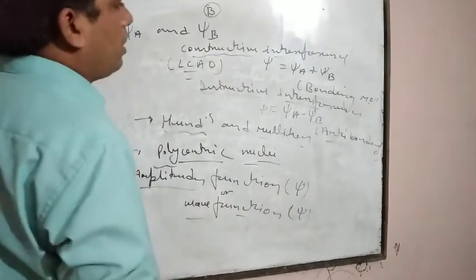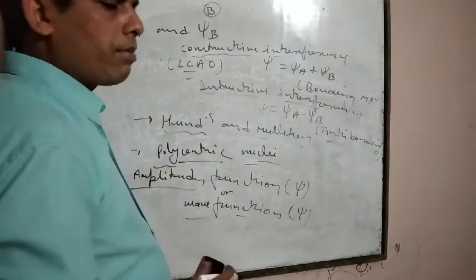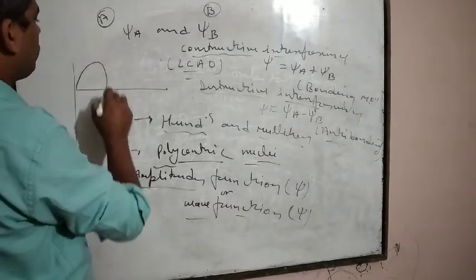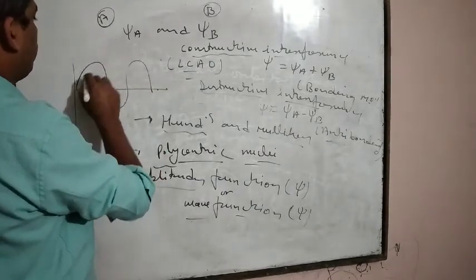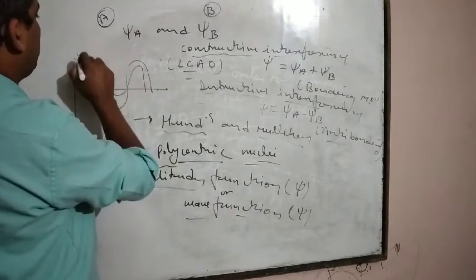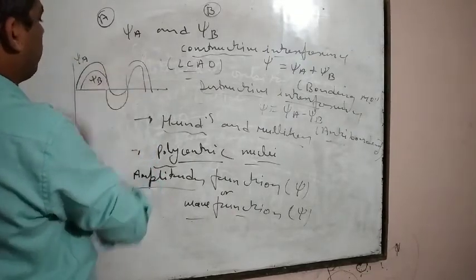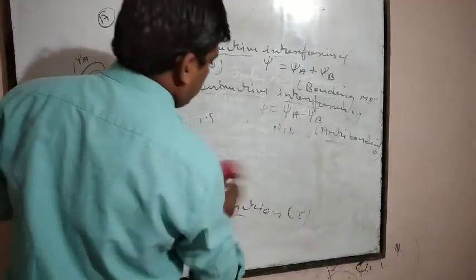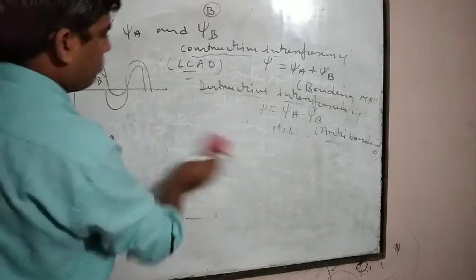In constructive interference, the wave functions are present in the same phase like this, psi a and psi b. But in destructive interference, what happens?